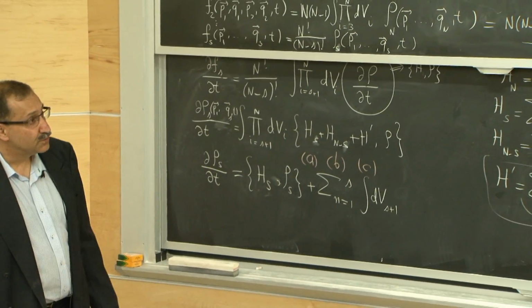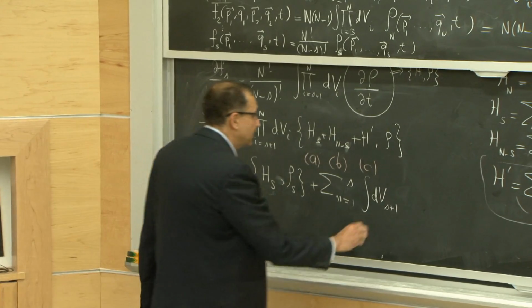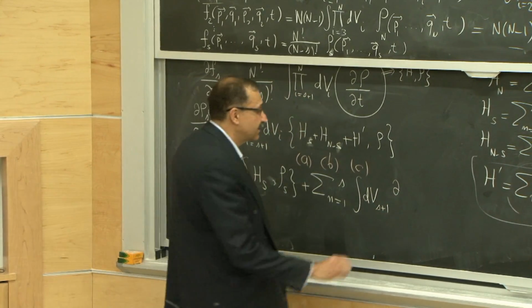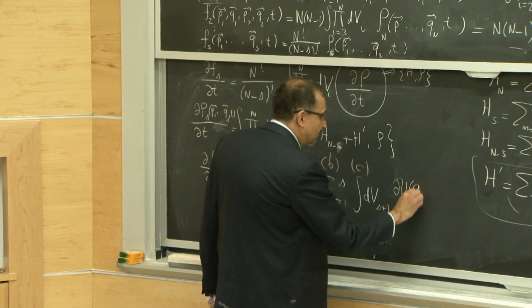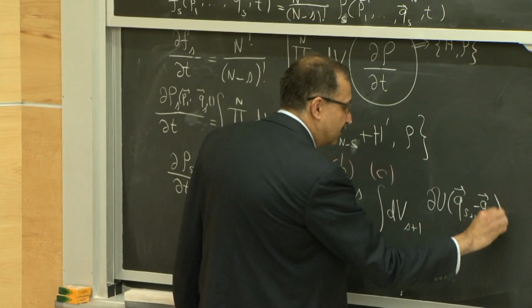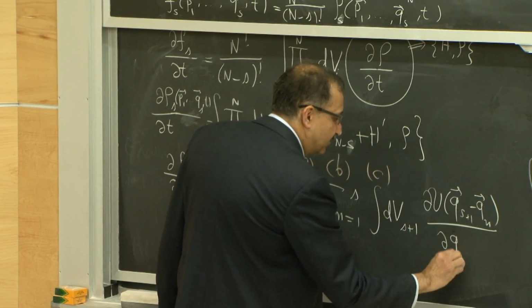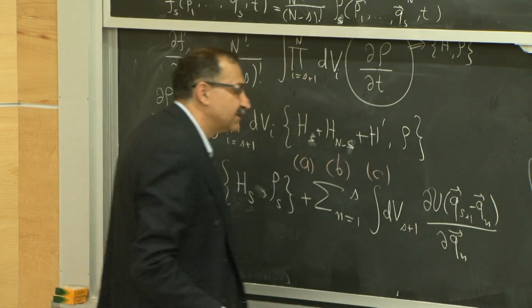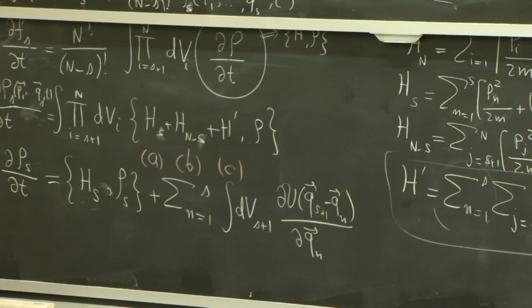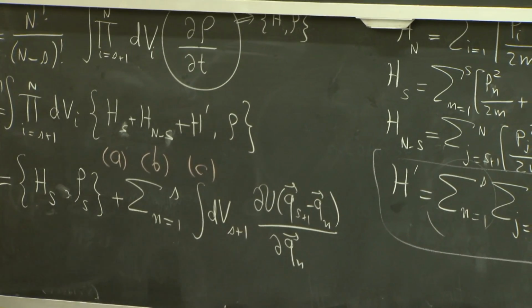Then I need to know the force that this particle is exerting on me. So that's the V of q s plus 1 minus q n divided by dq n. This is the force that is exerted by this particle that I don't see on myself.